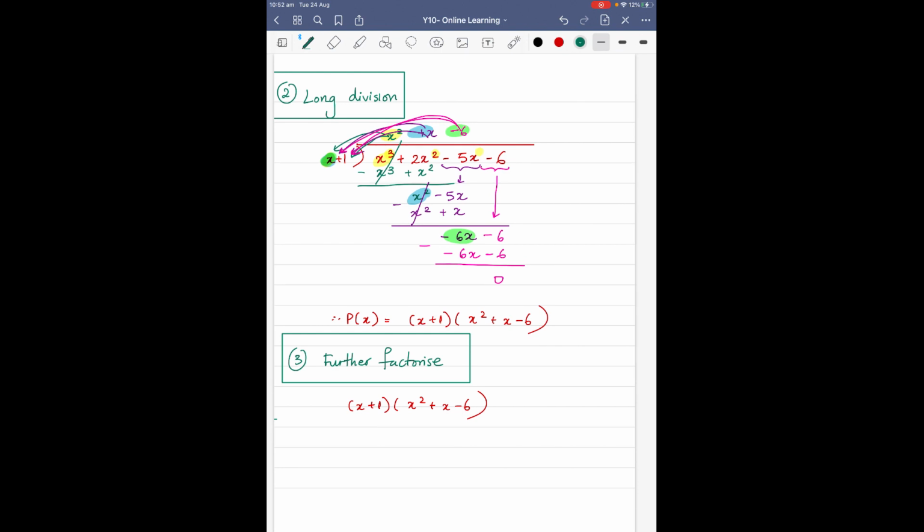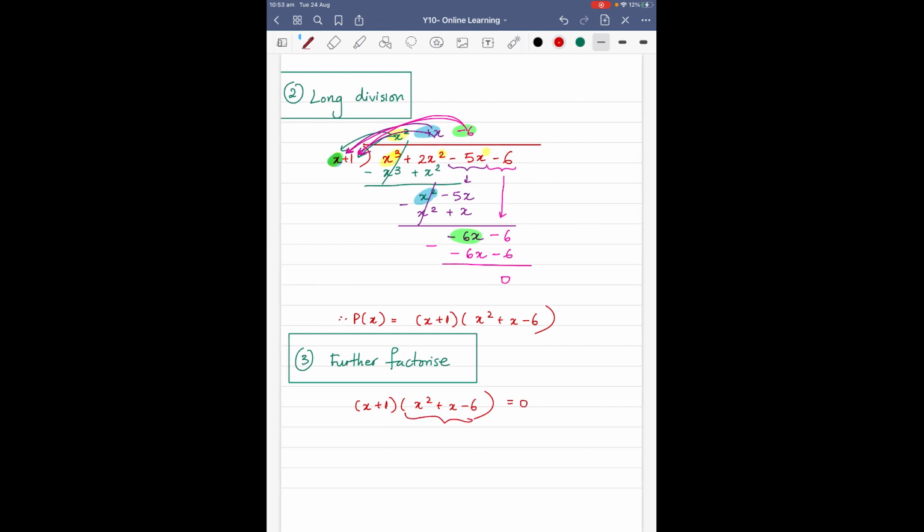Okay, so to further factorize this, I'm going to let this equal to 0. This one here, we can do 2 brackets. What 2 terms times together give you x squared? x times x gives you x squared. What 2 factors multiply to give you minus 6, but when you add them, give you a positive 1? So we know 3 times 2 gives you 6.